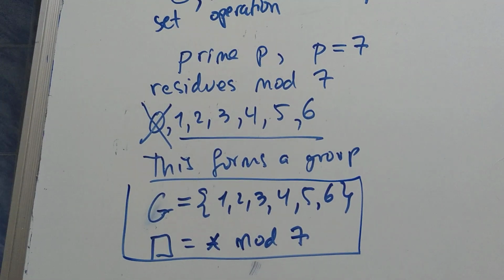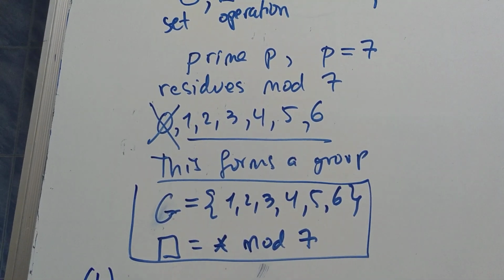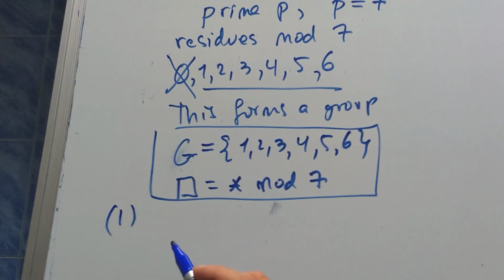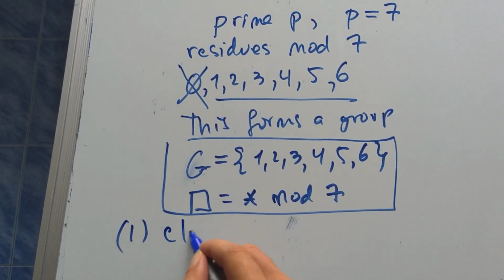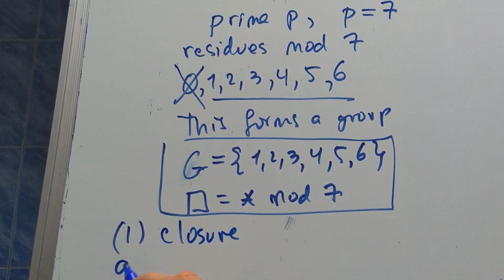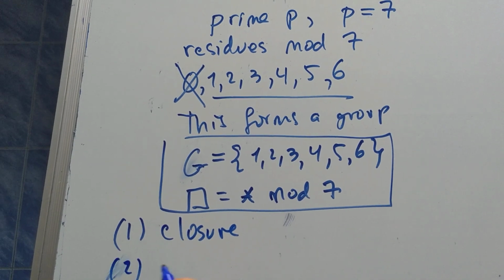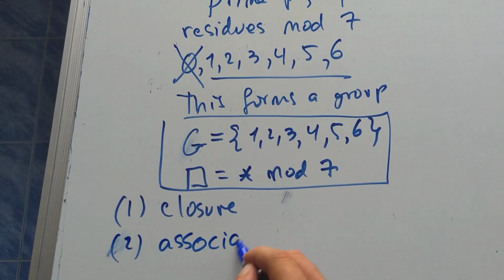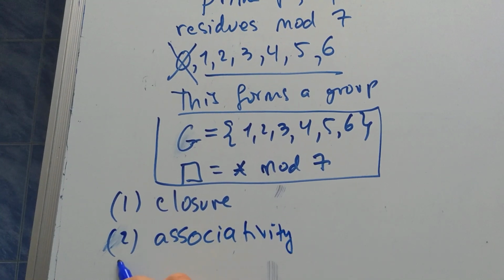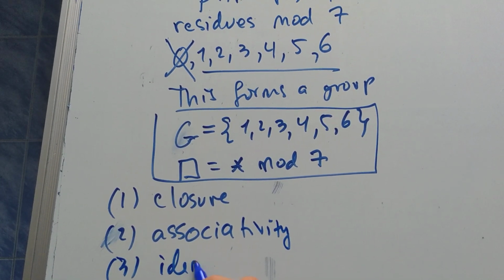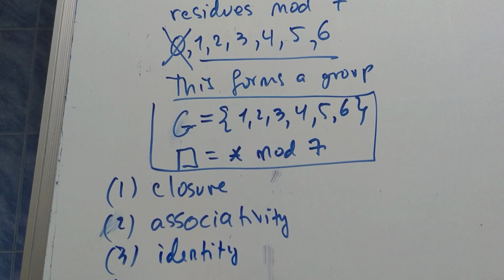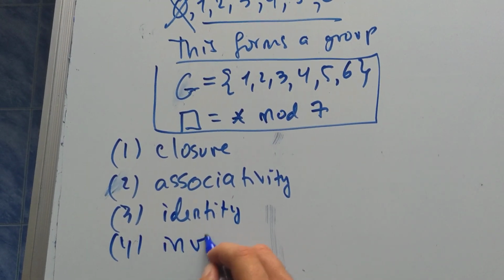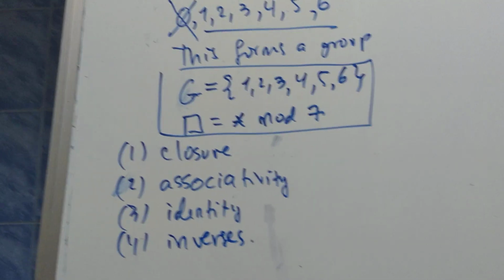Now, to prove that this is a group, we're going to show that it has the properties that every group has. 1, closure, 2, associativity, 3, it has identity, and 4, every element has an inverse.